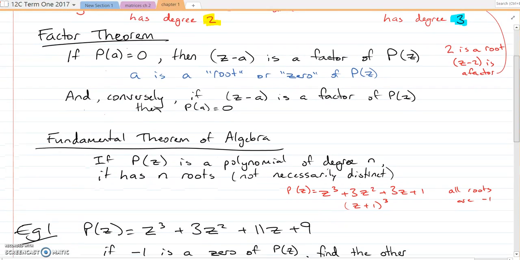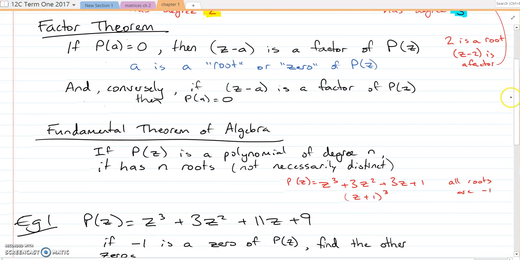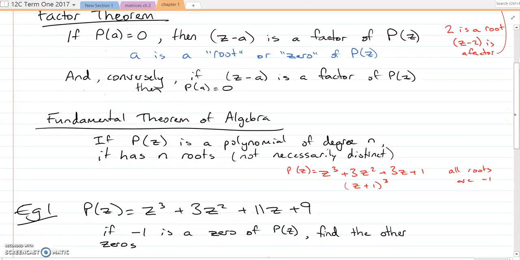Okay, here's our example. We're given a polynomial. It's degree 3. So we know right away that this can be written as z minus some number, z minus another number, z minus a third number. Okay, I can factorize it 3 times.